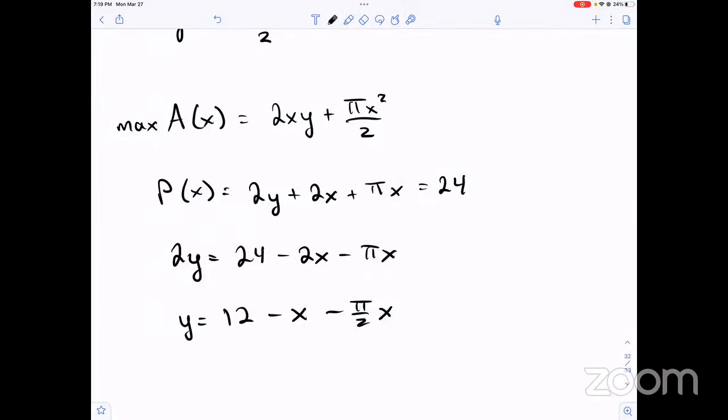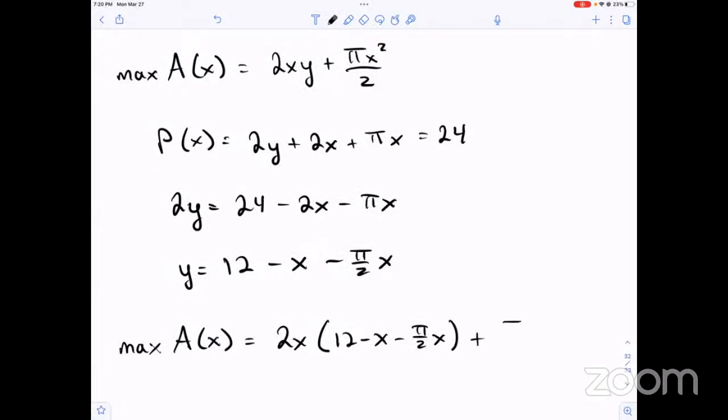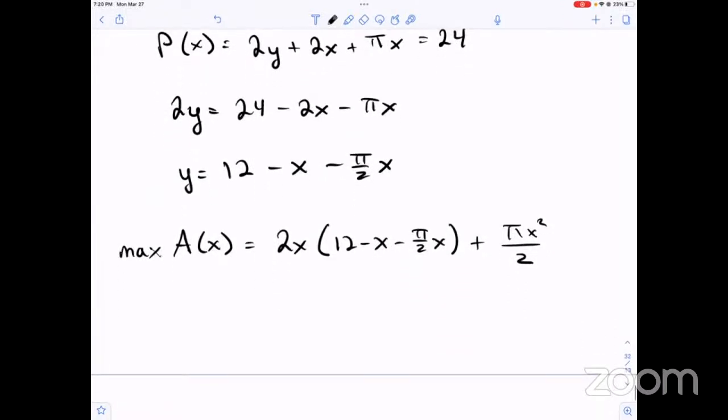So again, our goal is to maximize the area. We do want to write it in terms of X, and that's going to be 2X, and our Y is 12 minus X minus pi over 2 times X, plus pi X squared over 2. Hopefully this is okay up until now. Let me expand and simplify, combine like terms.